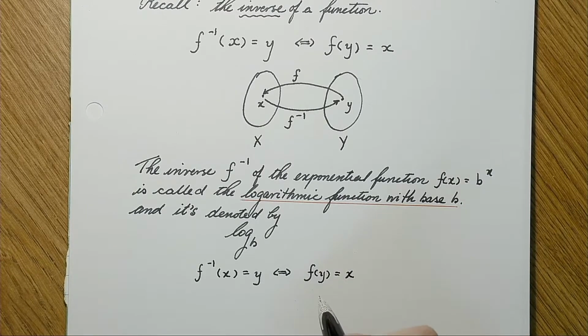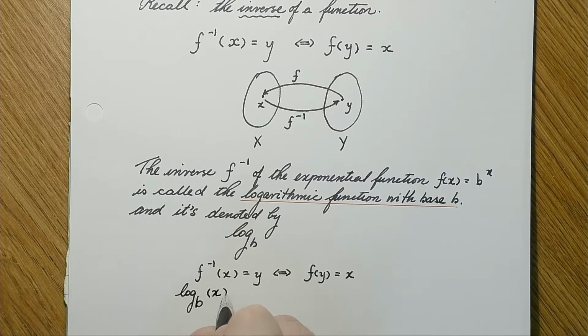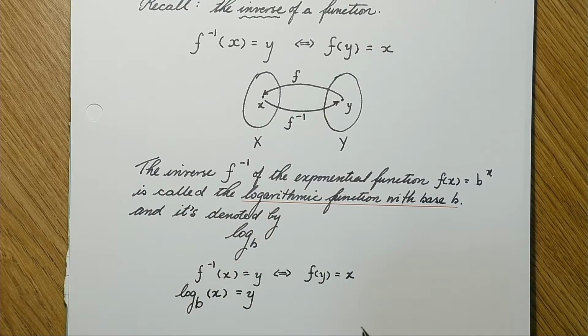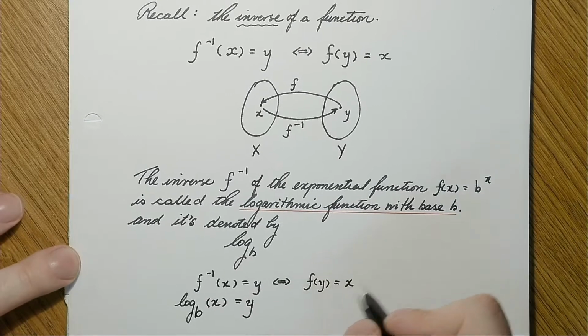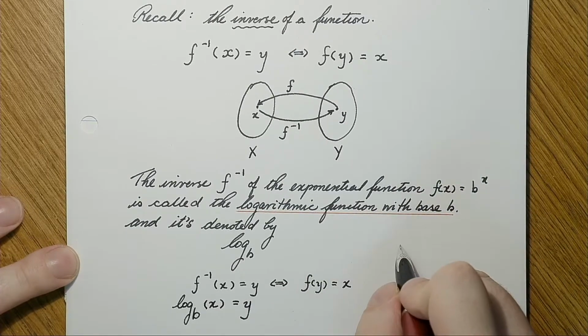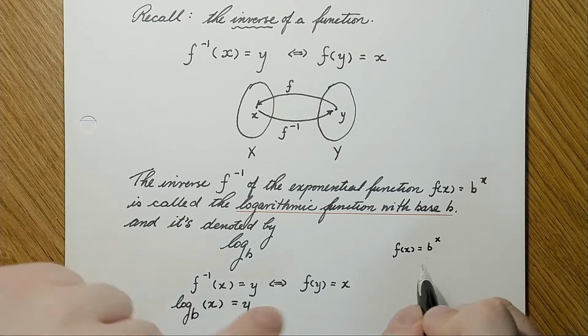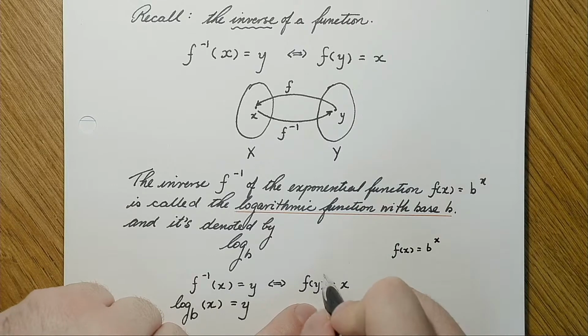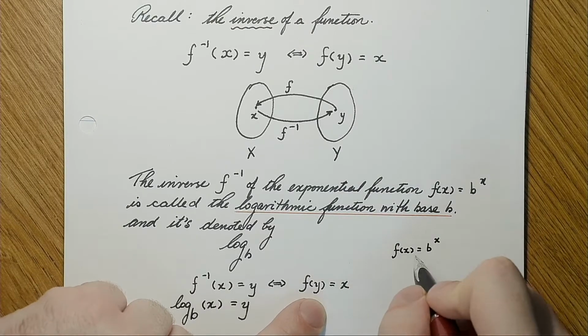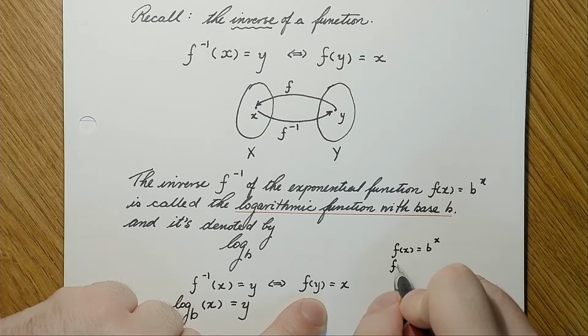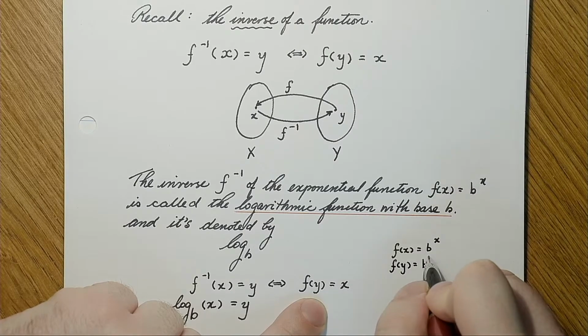Okay, so that means that if I have my inverse function, which is the log base b of x, that's equal to y, then I have to think of my exponential function. So in this case, I'm thinking of b to the x. But in this case, I'm actually putting y. So what they're saying is that I have to pass in this y. So it's b to the y.